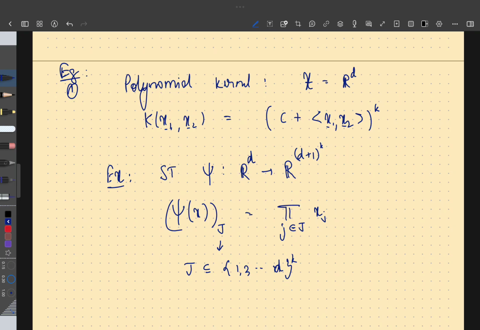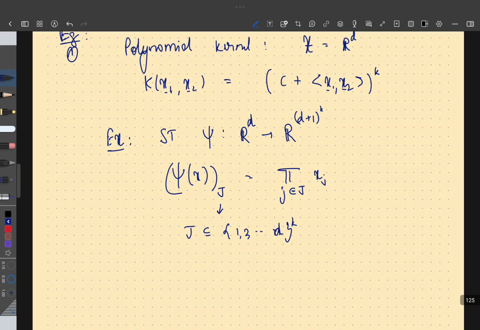D plus 1, because I can also not choose an element. So J is the set of all subsets. The index can be 1 to 3 up to D, but also it can be, let's say, 0, where 0 means I'm not picking any element.